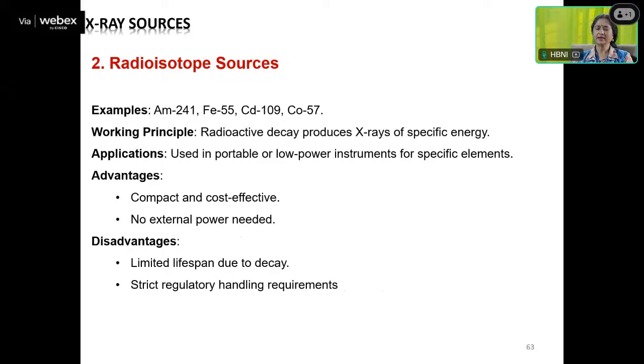The advantages are that it is compact and cost effective, and no external power is needed, so you can take it to the field for use. Disadvantages are limited lifespan due to decay, and strict regulatory handling requirements, because your instrument itself contains a radioisotope, so the requirements are very stringent.